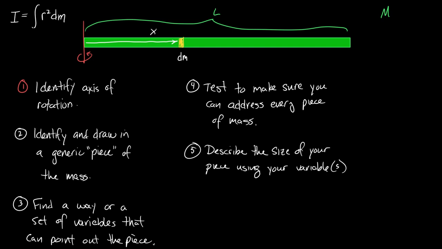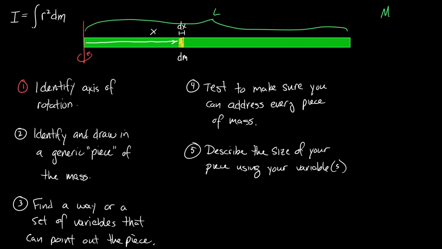It's delta x. So I'm going to say the width of my piece is dx wide. I just need its length, because we said the width and the depth will be the same for every piece. So we're describing the length of this object using the variable that points to it.